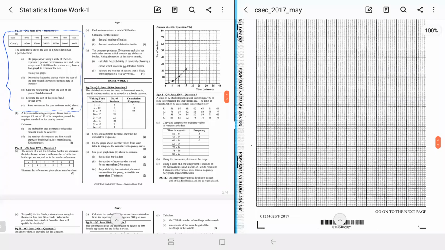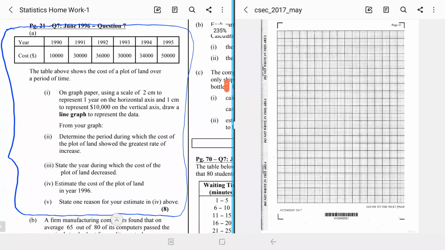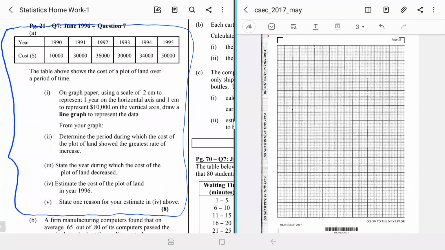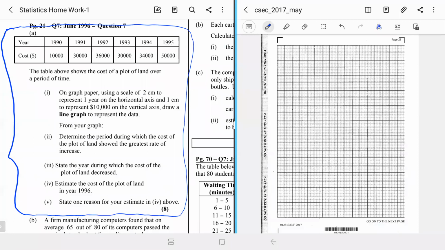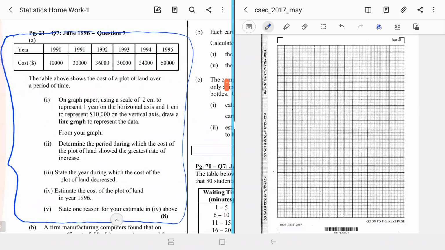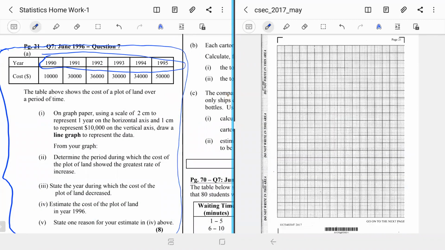All right, so this is the data. The first thing I want us to do is represent it on a line graph. So first, I want to put the time on the horizontal axis, from 1990 to 1995, using a scale of 2 centimeters to represent 1 year.